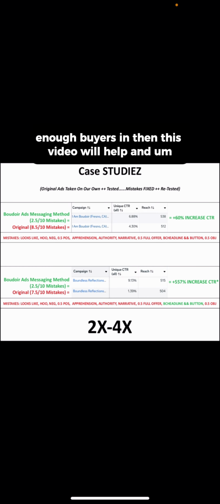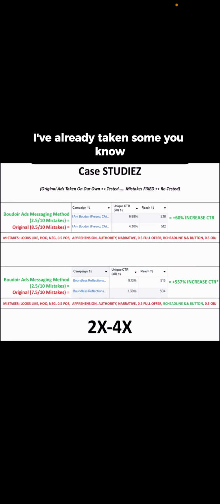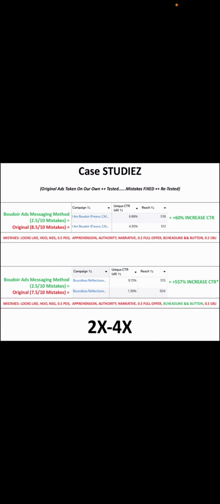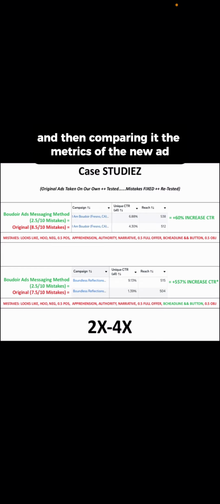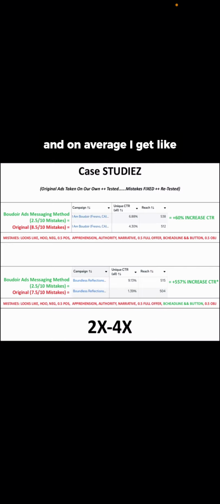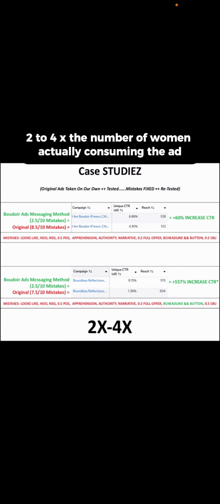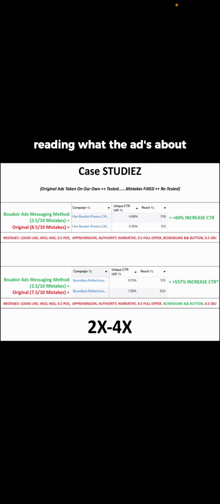And I've already taken the 10 principles I'm going to talk about in this video, or the 10 mistakes, and used them on other boudoir ads, comparing the old ad that the boudoir photographer is running to the metrics of the new ad. On average, I get like 2 to 4x the number of women actually consuming the ad, reading what the ad's about.